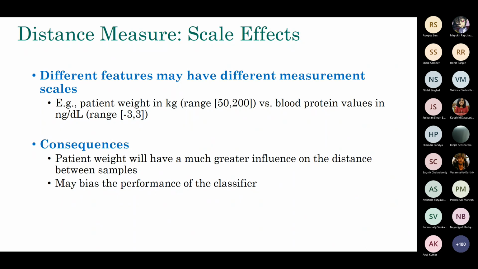The ranges of these values are very different. As a consequence, if you straight away use this in your distance measure, the weight feature is going to dominate the final distance value compared to the blood protein values in nanograms, because that's a smaller number. That is problematic if you do not address this scaling effect appropriately.